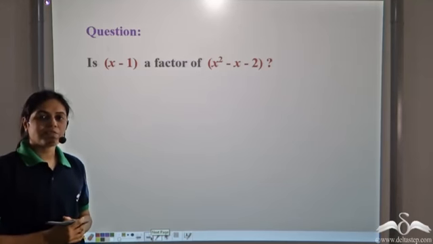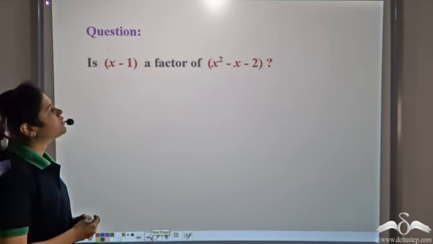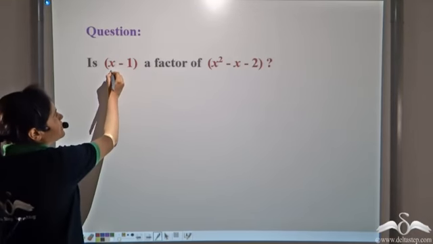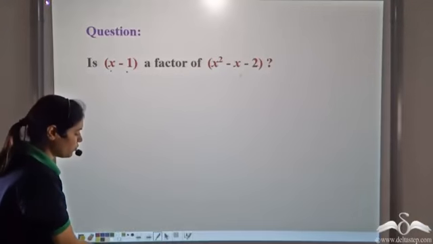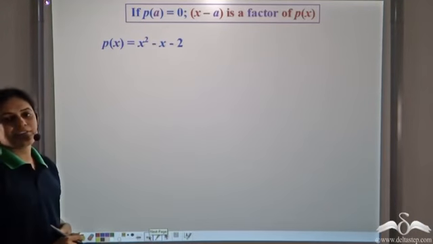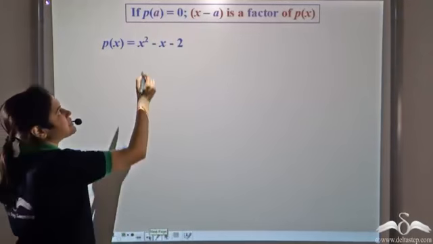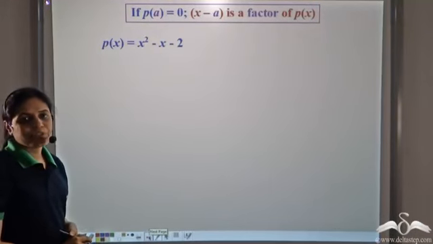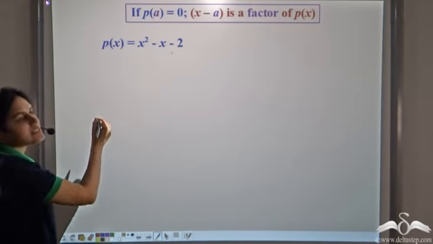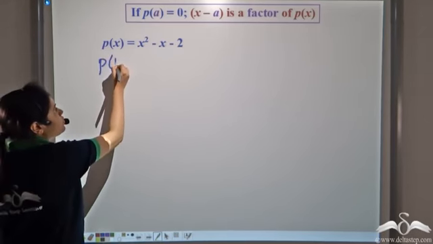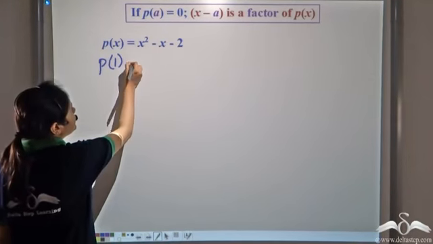Now, is x minus 1 a factor of x square minus x minus 2? We have already studied the factor theorem. For x minus a to be a factor of P(x), P(a) has to be 0. So for x minus 1 to be a factor of P(x), P(1) has to be 0. So let us calculate P(1).